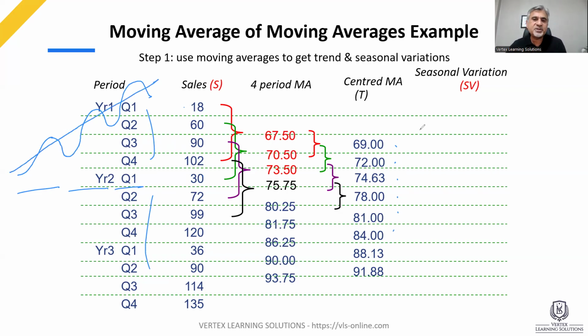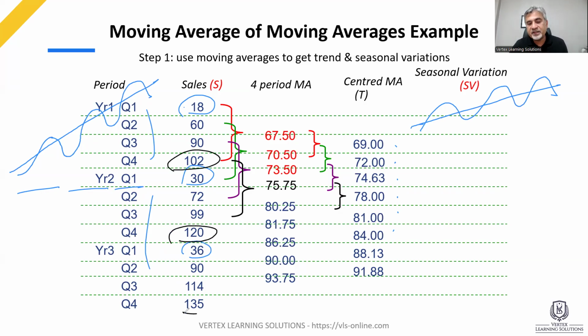Remember in the previous session, I told you that actual data is like this, and the trend is the line which goes in the middle, and it is increasing. So we can see that the trend is increasing. Even if you see your quarter number 4: 102, 120, 135.